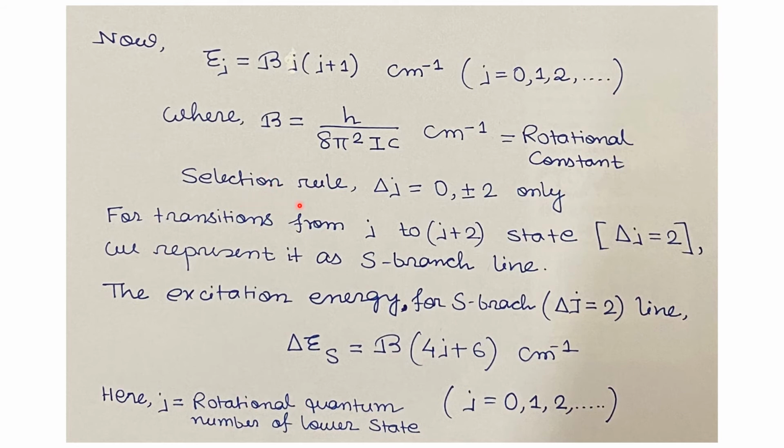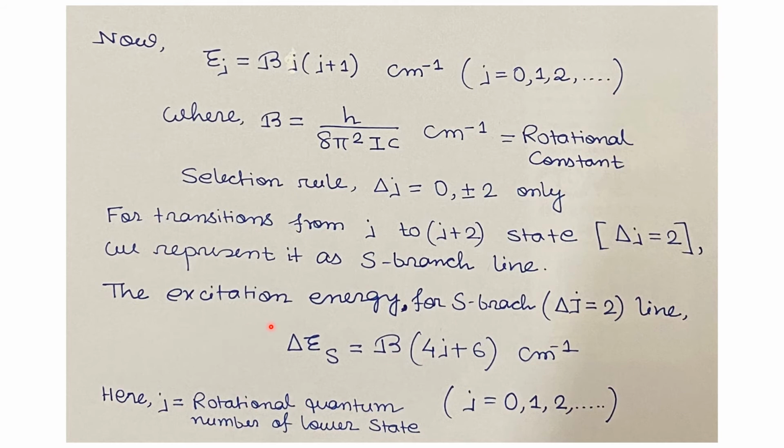The selection rule for the rotational quantum number is given by del J equals either 0 or plus minus 2 only. So, this condition gives the possible allowed transitions in the Raman spectroscopy. For transitions from J to J plus 2 state, that is del J equals plus 2, we represent it as S-branch line.